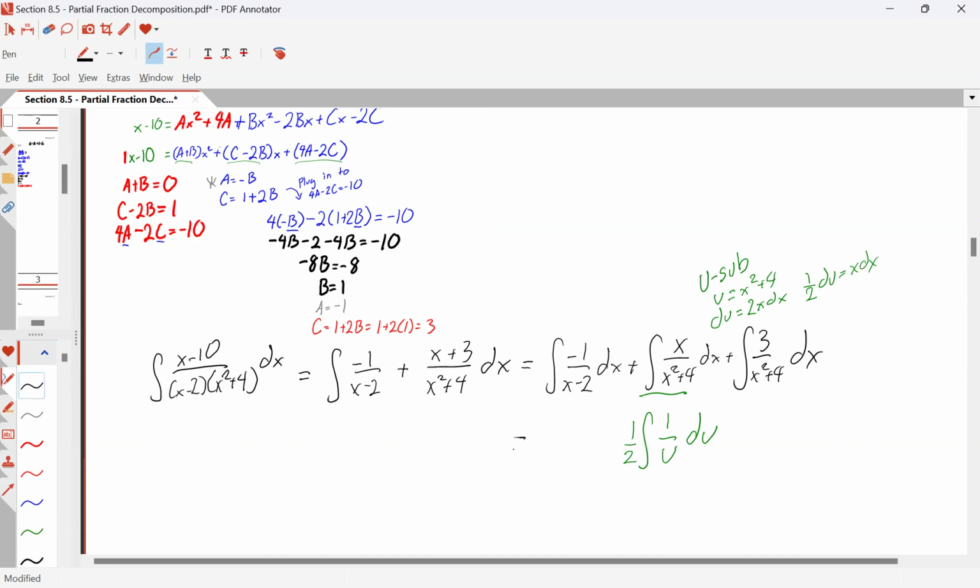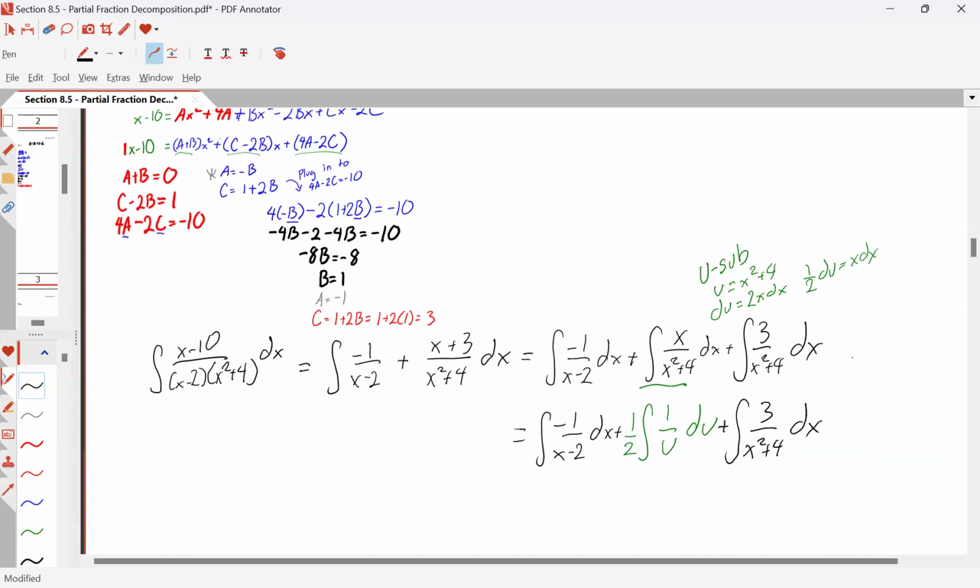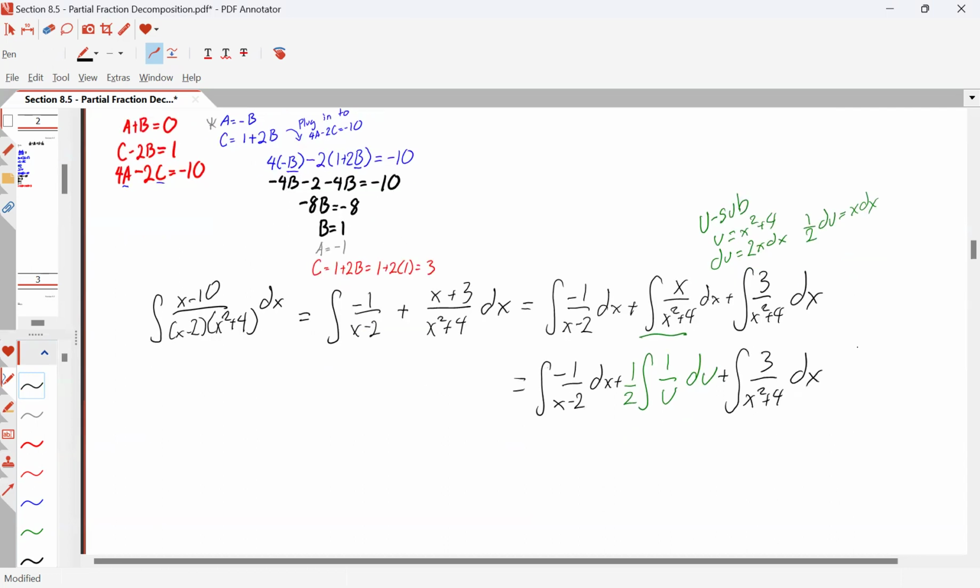The other two we can integrate with very little work. The first one, the integral of negative 1 over x minus 2 is negative natural log of the absolute value of x minus 2. The integral of 1 over u is the natural log of the absolute value of u times that 1/2 out front.